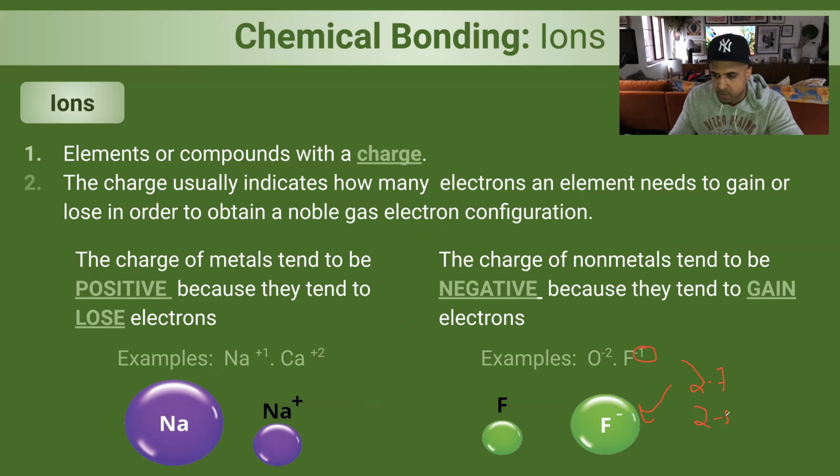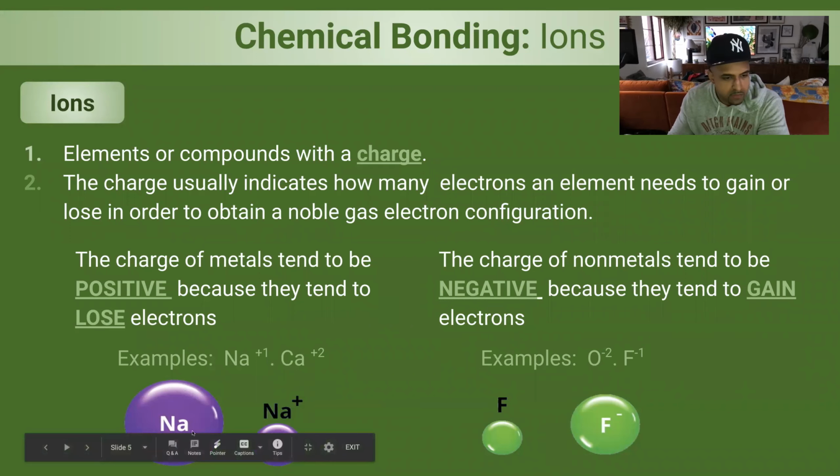Fluorine also wants to have a configuration like neon. Just remember, these are the two most electronegative elements, and of the first 20, you could argue they're the most dangerous, depending on who you ask. That's just my perspective.